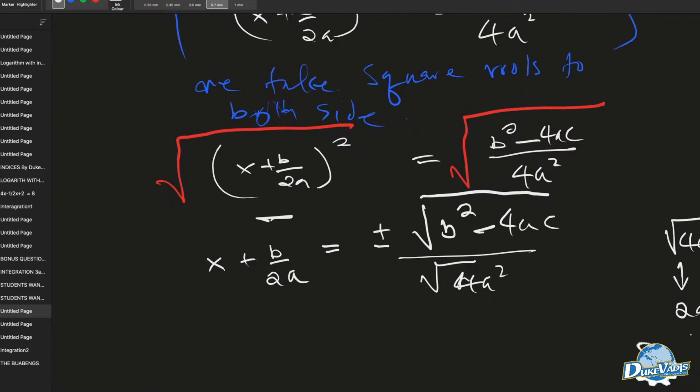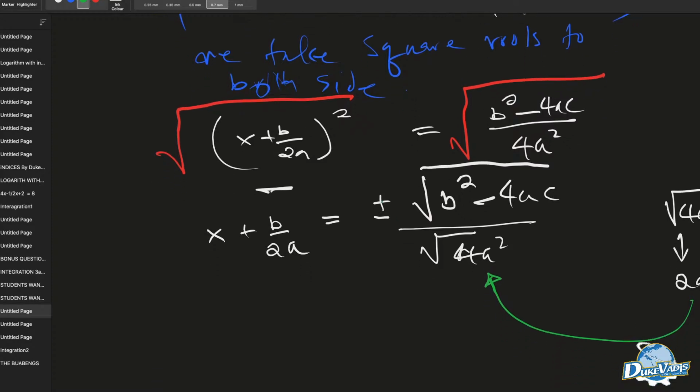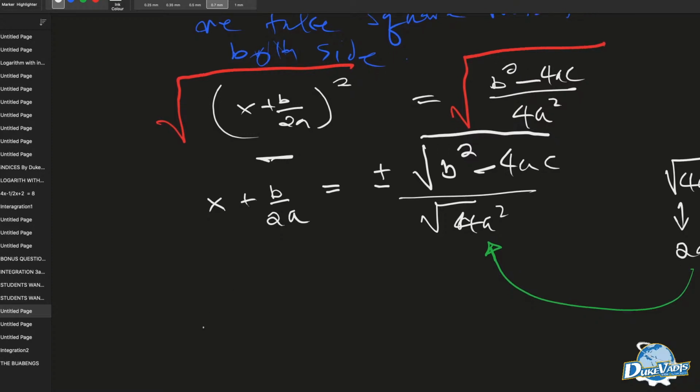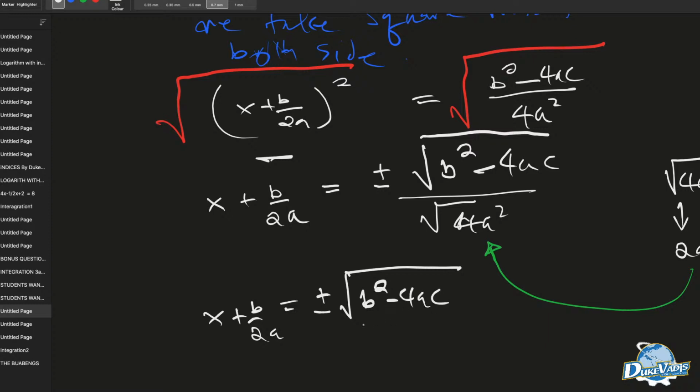When we put it back, our equation can be written as x plus b over 2a is equal to plus or minus the square root of b squared minus 4ac all over 2a.